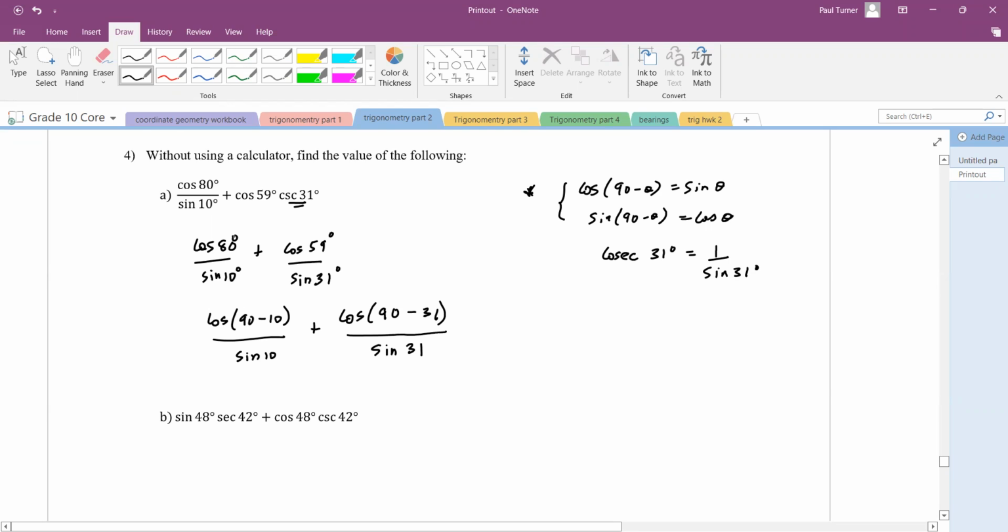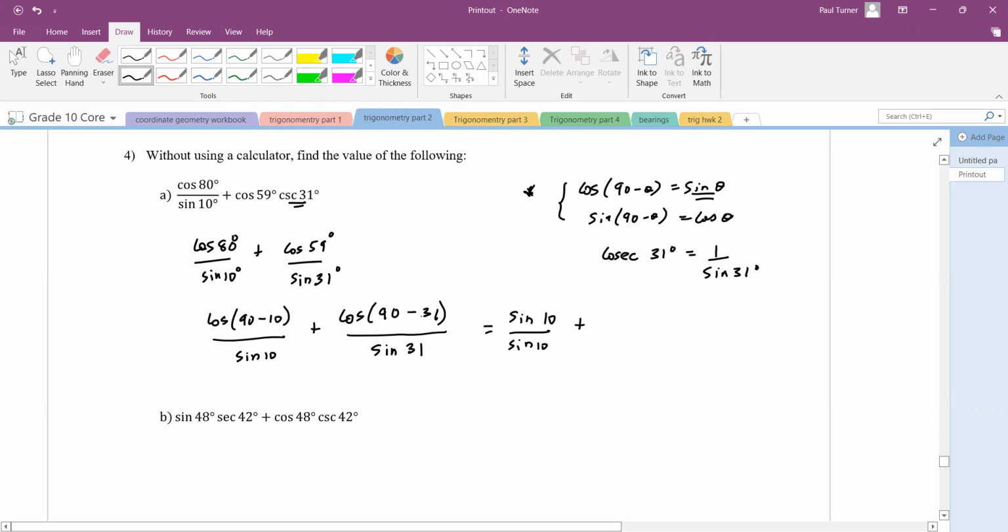90 minus 10 is 80. 90 minus 31 is 59. So now we can say cos 90 minus 10, well, that's the same as sine 10. So we've got sine 10 on sine 10.